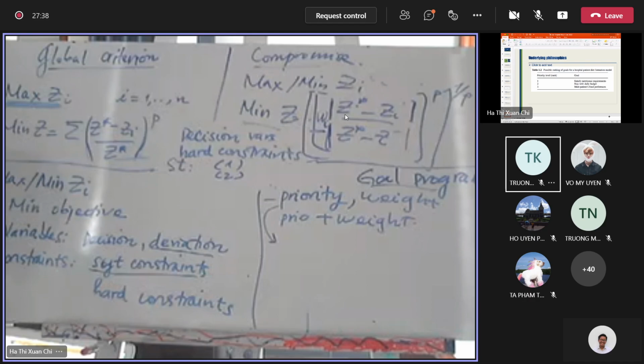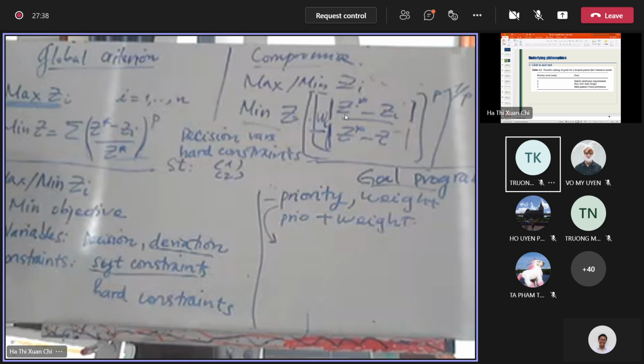So when we talk about goal, we have a target. So, for example, I want to get the profit of 1,000 US dollars. That is the goal. But the objective, that is the direction to achieve a goal, that is minimize or maximize.